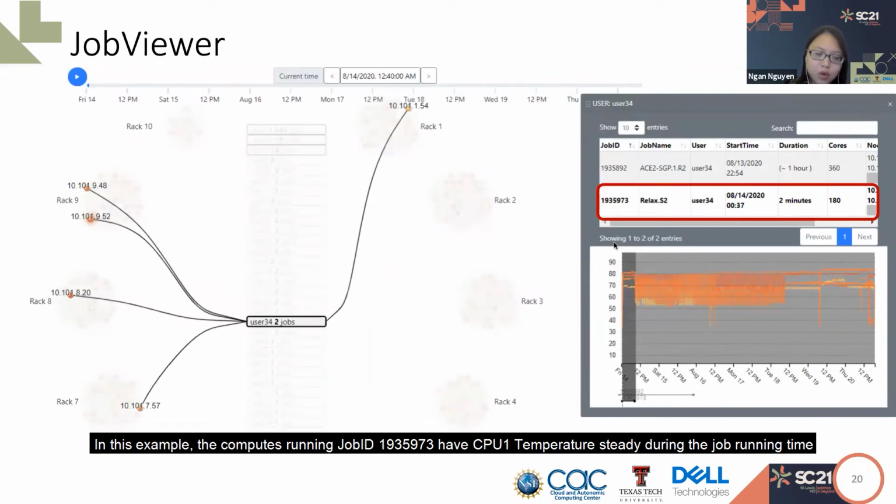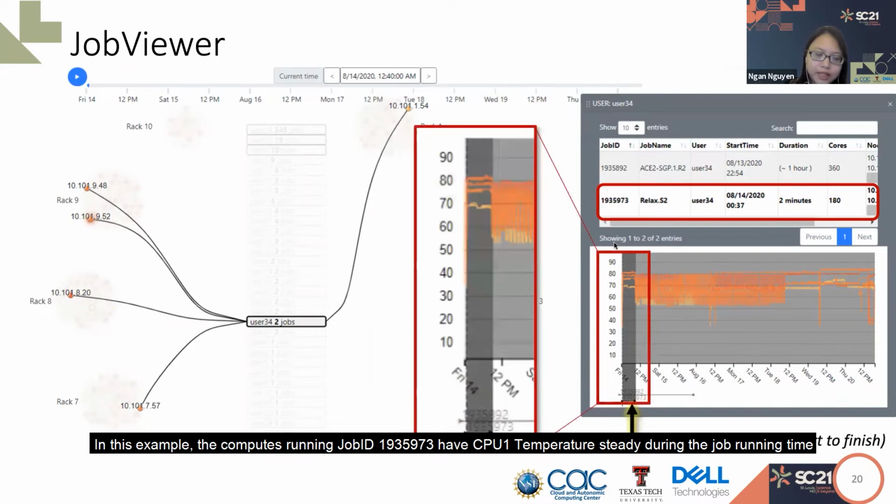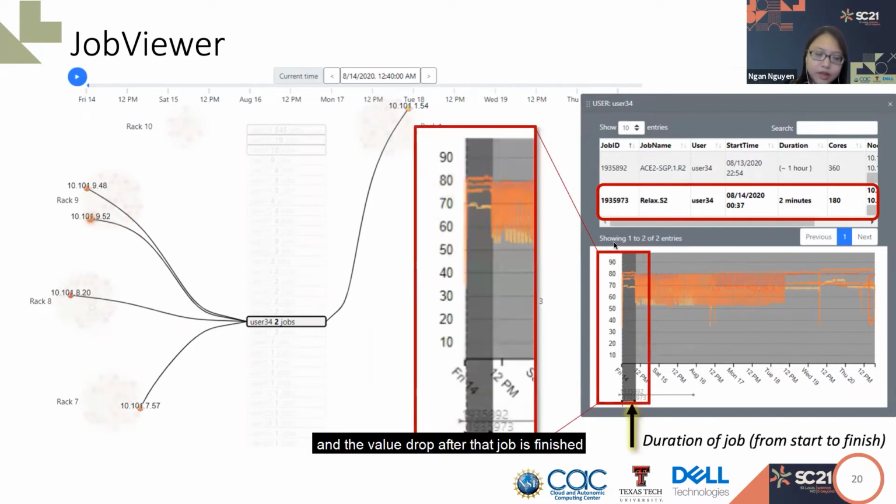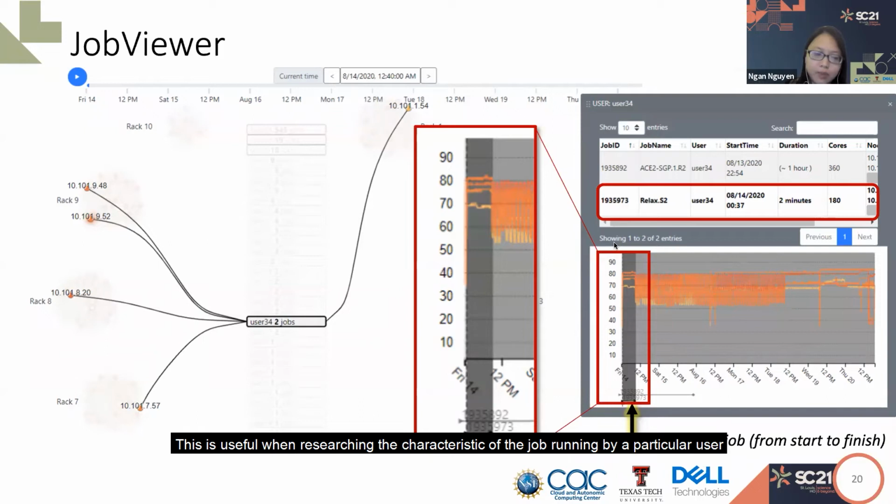In this example, the compute running job ID 1935973 has a steady CPU1 temperature during the job running time. The value drops after the job is finished. This is useful when researching the characteristics of jobs run by a particular user.